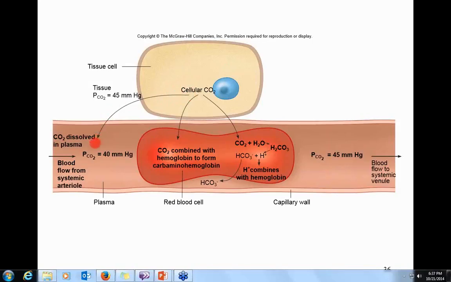Part of it is going to be dissolved directly into the plasma, the liquid portion of blood. 23% is going to combine with the globin, the protein part of hemoglobin, whereas 70% is going to, again, enter the blood cell, be converted into carbonic acid, which dissociates into the bicarbonate ion. And this bicarbonate ion is going to leave the red blood cell and go into the plasma.